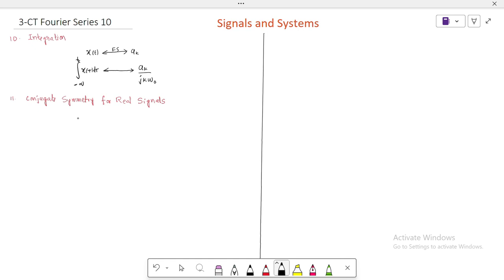So for the conjugate symmetry, now this x of t is real.